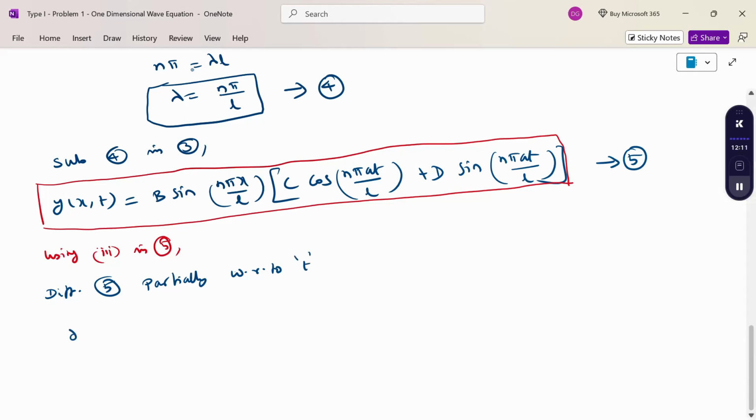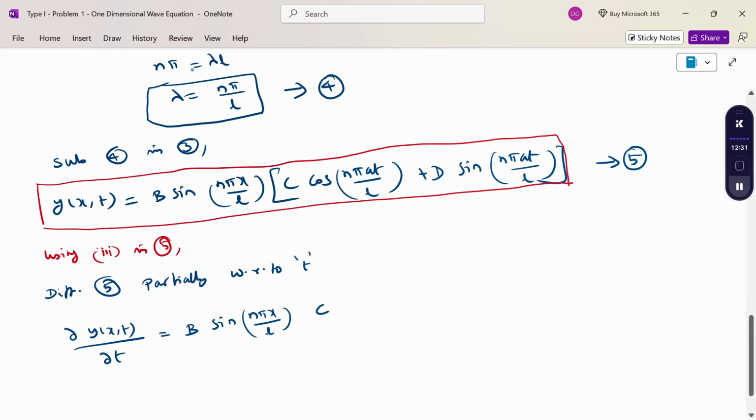Therefore, partial y of x comma t by partial t equals b sine n pi x by L, constant, we consider because there is no t variable. Then you differentiate the c cos function.